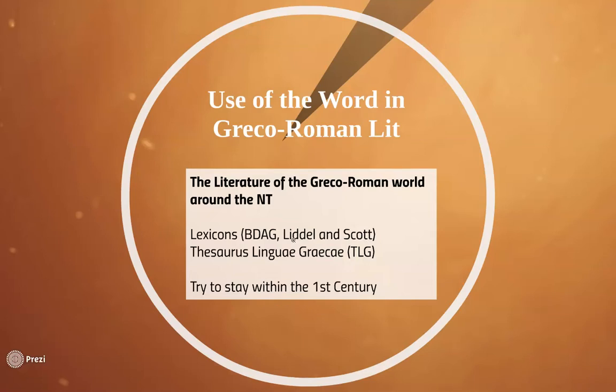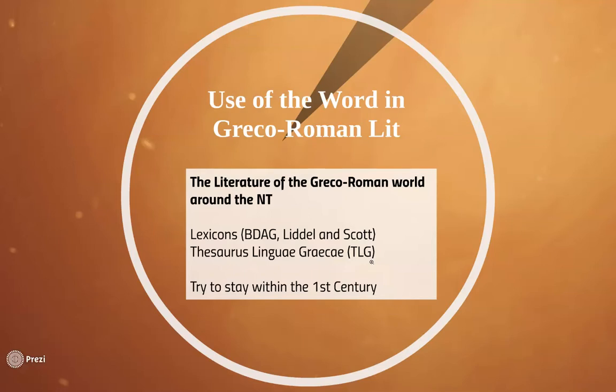Another place you can do a word search and look at how this term is used outside of the Bible and in the Greco-Roman world is the TLG website, Thesaurus Linguae Graecae. And this can be a deep well that you're jumping into, the Greco-Roman usage of the term. But there are some resources that I'll make available to you as to how to access that particular world.